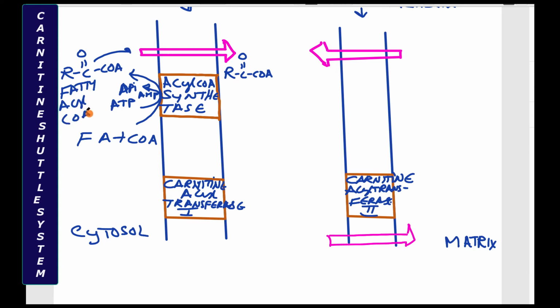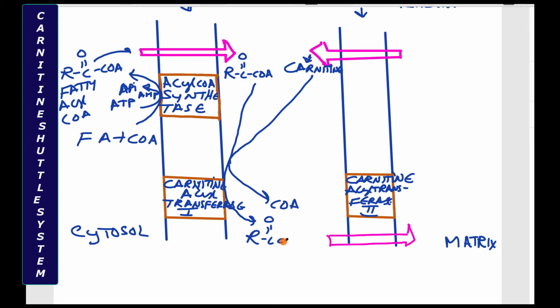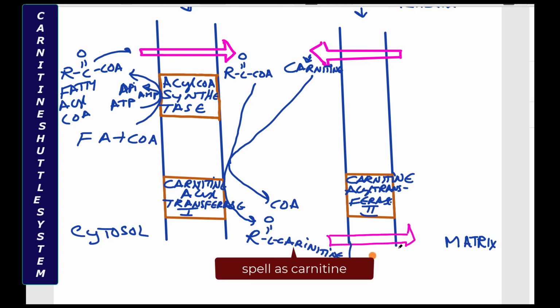Once it enters, there is availability of carnitine, which comes from inside the mitochondrial matrix. In the presence of carnitine acyl transferase, this leads to release of coenzyme A and formation of acyl carnitine.